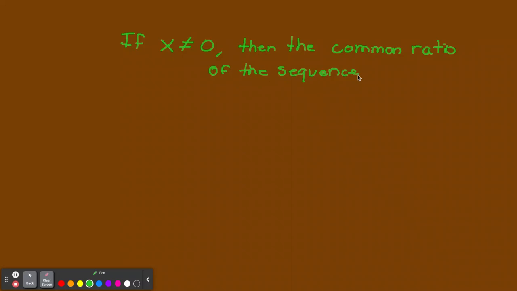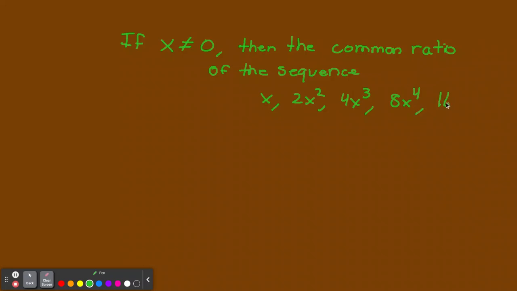So let's say it said if x did not equal 0, then the common ratio of the sequence, now you've got the sequence coming, and here's the sequence: x, 2x squared, 4x cubed, 8x to the fourth, and then we'll put another one in there.